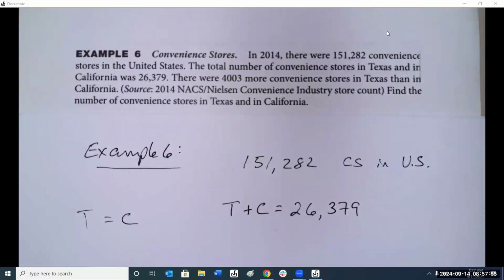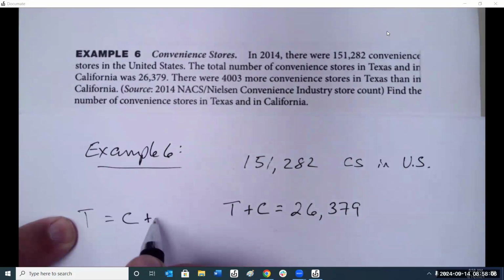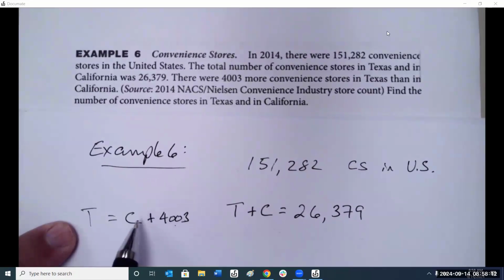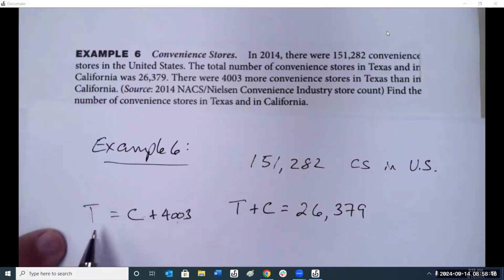Who has more? So how do I make them equal? If Texas has more, what do I have to do to California? I have to add the 4,003 to make them equal. Because if Texas has 4,003 more stores than California, then I take the number of stores in California, add 4,003, that's the number of stores in Texas.